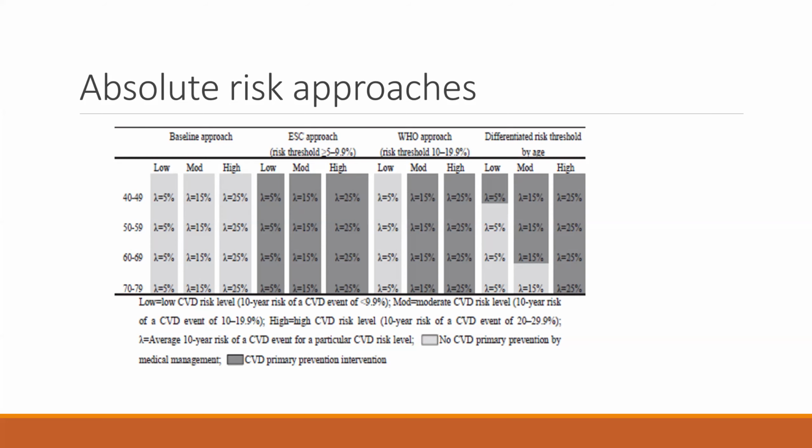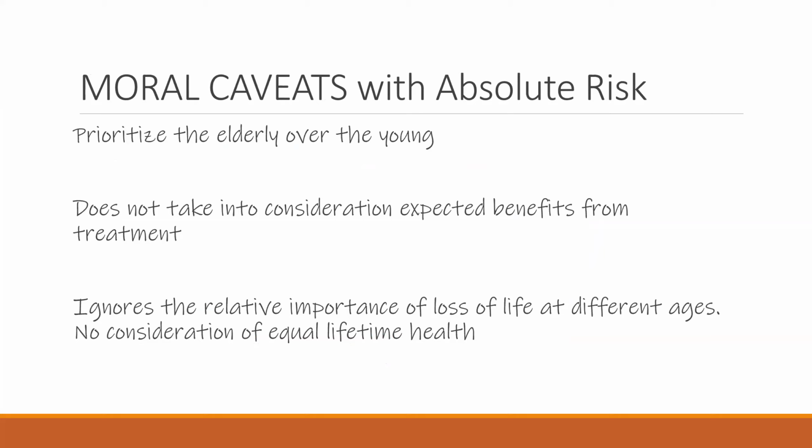These are for obvious reasons, which are the caveats or limitations of the absolute risk: it prioritizes the elderly over the young, it does not consider expected benefits from treatment, and it ignores the relative importance of loss of life at different ages. In other terms, it discriminates against the young.